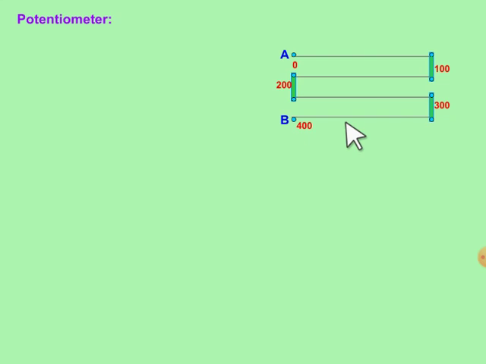Got it? Sensitivity is related to the potential difference divided by the total length. So the longer the length, the lesser the potential gradient, which means higher sensitivity of that particular potentiometer.